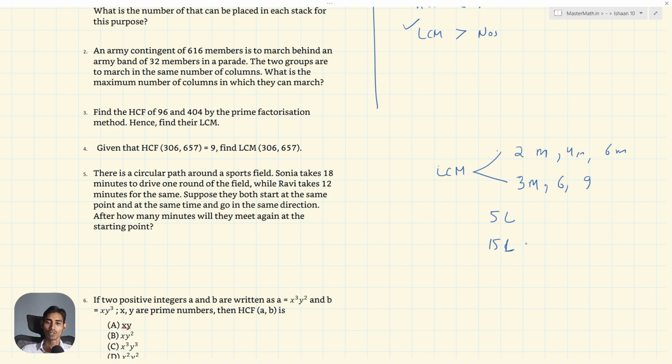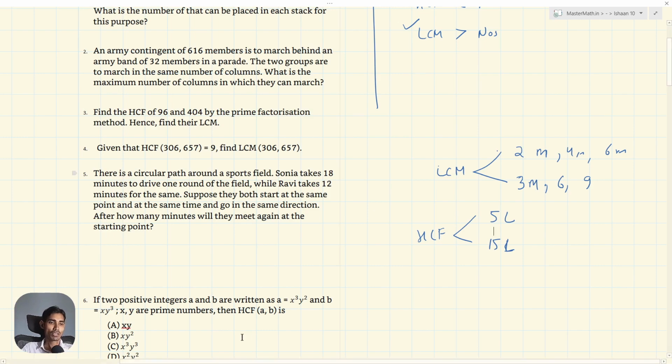It can measure 5 liter also, it can measure 15 liter also. Now would that answer be greater than these two numbers, or would that measuring container be of a volume less than these two values? It will be less than these two values. So we have to find HCF.